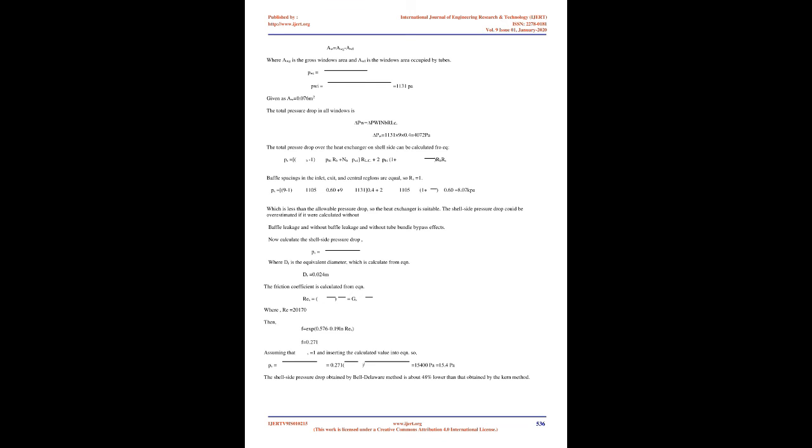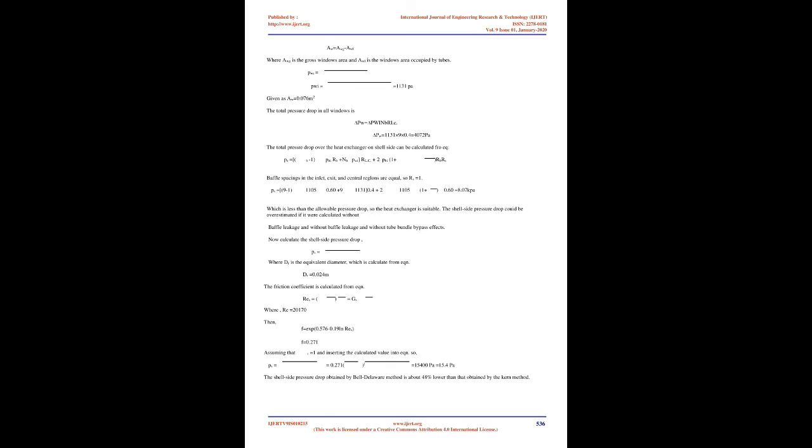The properties of the shell side fluid at average temperature from the appendix are: Cp equals 4179 J/kg K, k equals 0.612 W/m K, Pr equals 5.75, density equals 995.9 kg/m3, viscosity equals 8.15 times 10^-4 N s/m2.